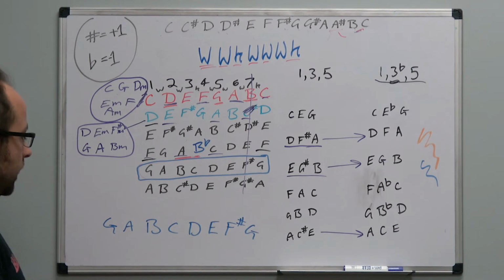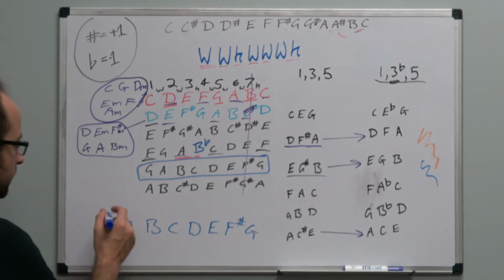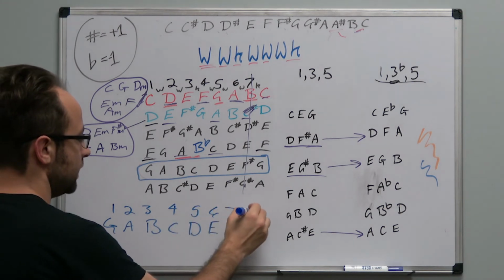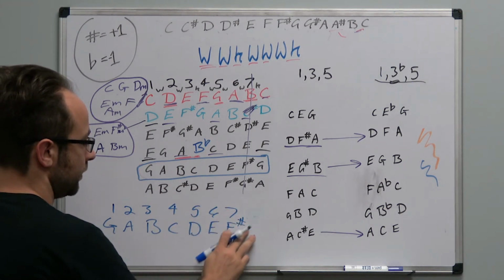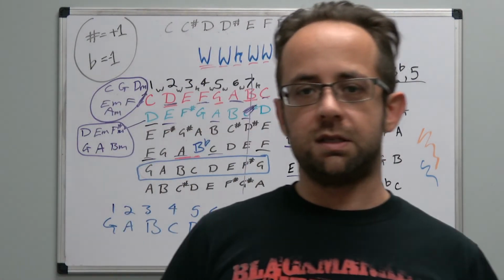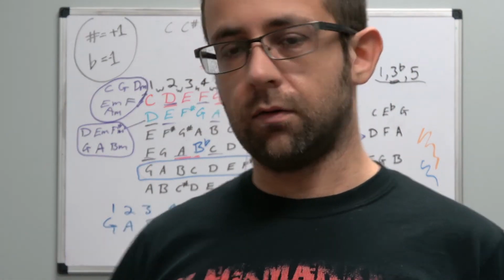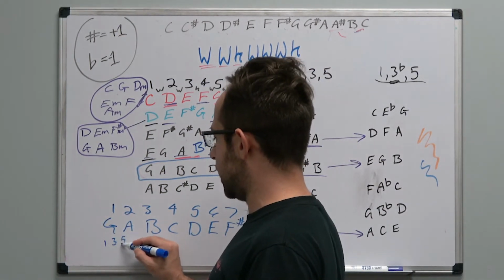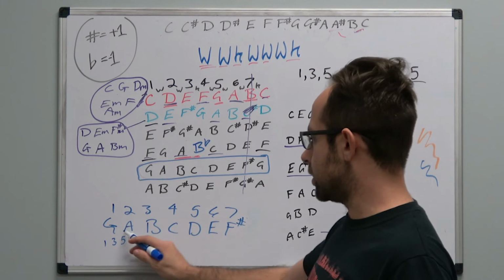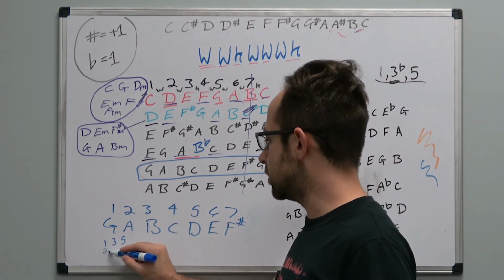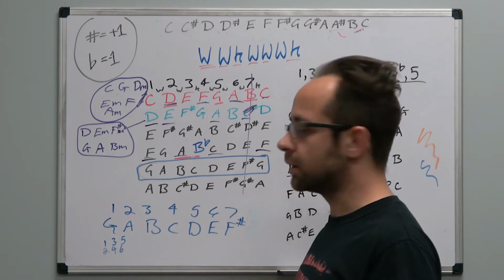Okay, so we can just take the scale: 1, 2, 3, 4, 5, 6, 7, but not counting the 8. And just think, what are the different combinations of evenly spaced notes that exist in the scale? You could have the first, third, and fifth, because that was the major scale. You could also make a chord that's the second, fourth, and sixth.